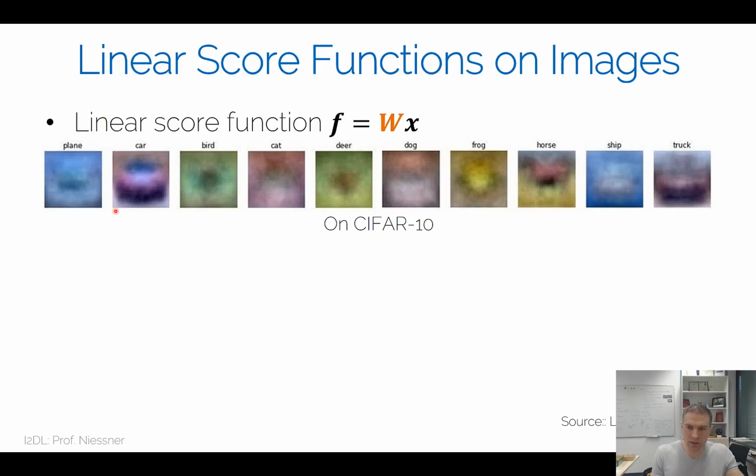And in practice, if we're doing this with an L2, for instance, you know that the optimum of an L2 optimization is always going to be the mean. So what we're getting here is kind of like a mean optimization. So this W here will essentially converge to the mean or the average image of the cars. This one will average to the average of the horse. And for every other class, it's the same thing.